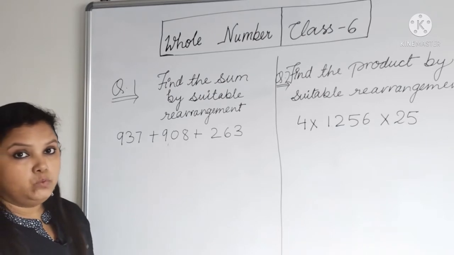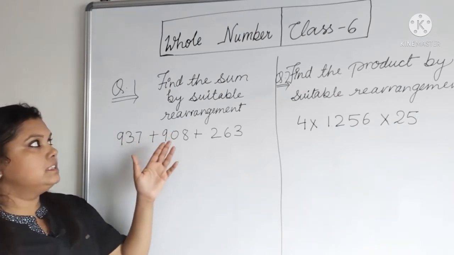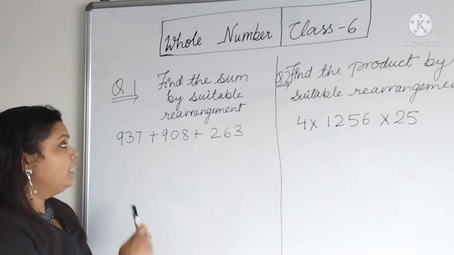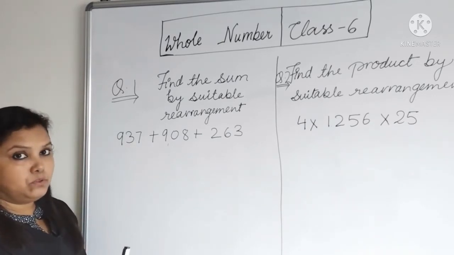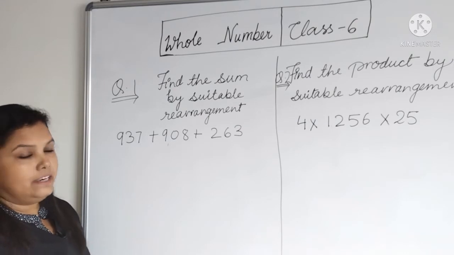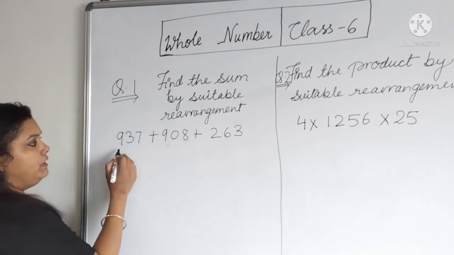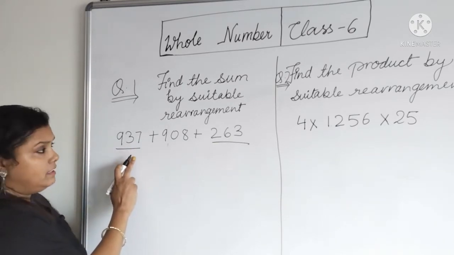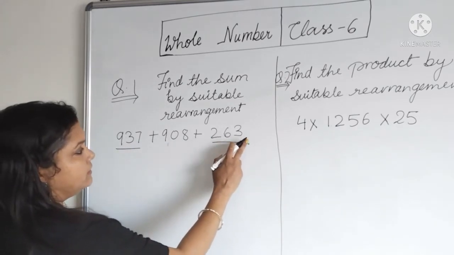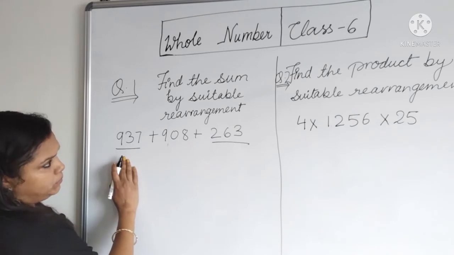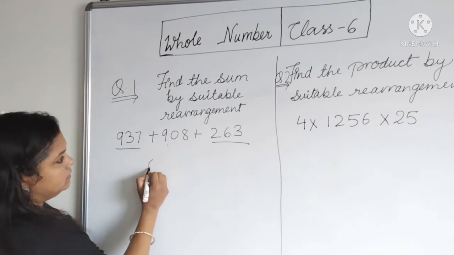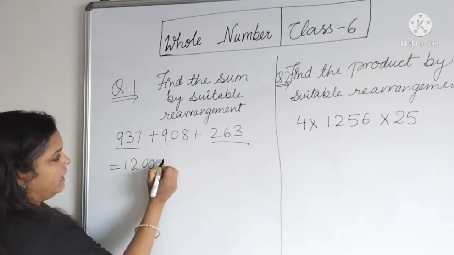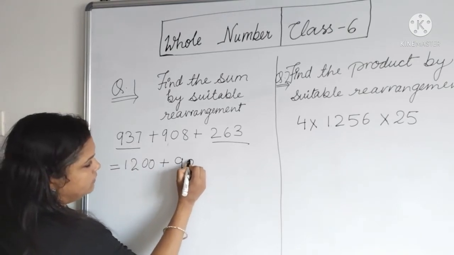Now we will try to solve this question, find the sum by suitable rearrangement. That simply means we have to arrange it so that it is easy to add. So if we take these numbers, 937 and 263, it will add up to 1200, and then 908.